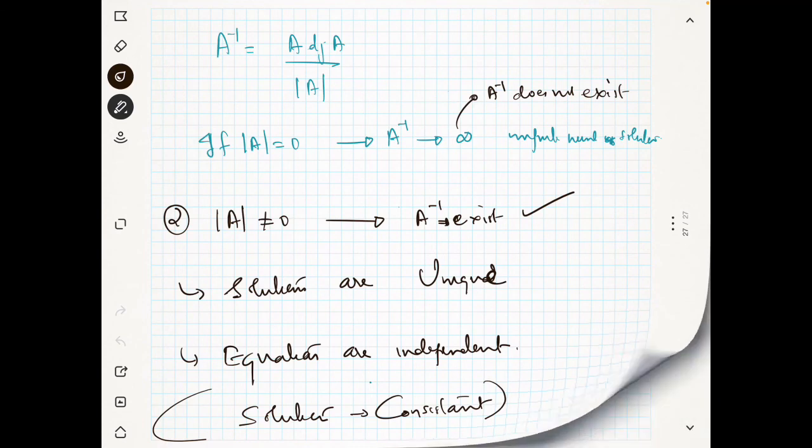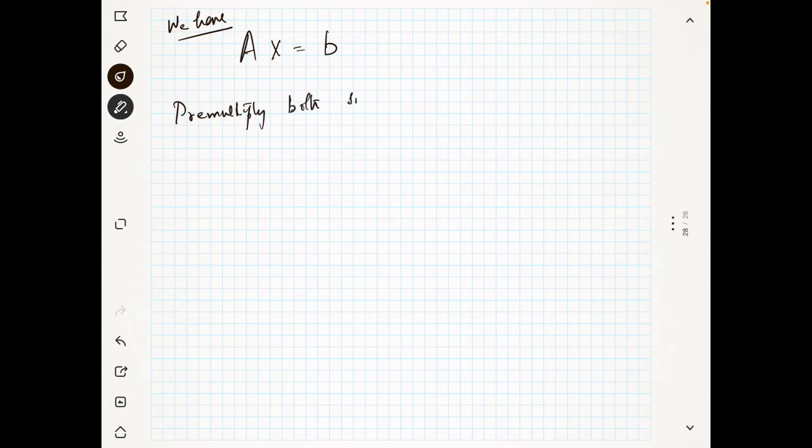Now let us consider how we can solve this. So we have now the equation Ax is equal to B. Now we will multiply both sides, that means right and left sides, with A inverse.